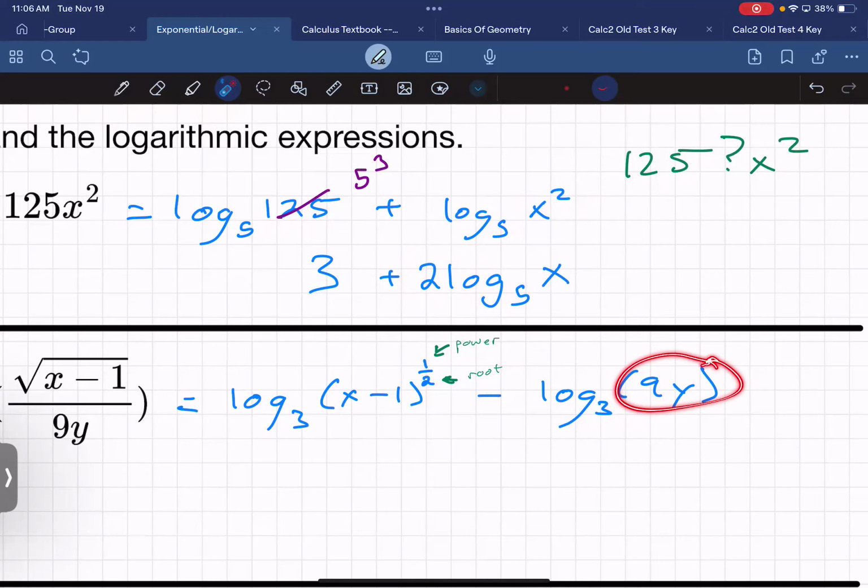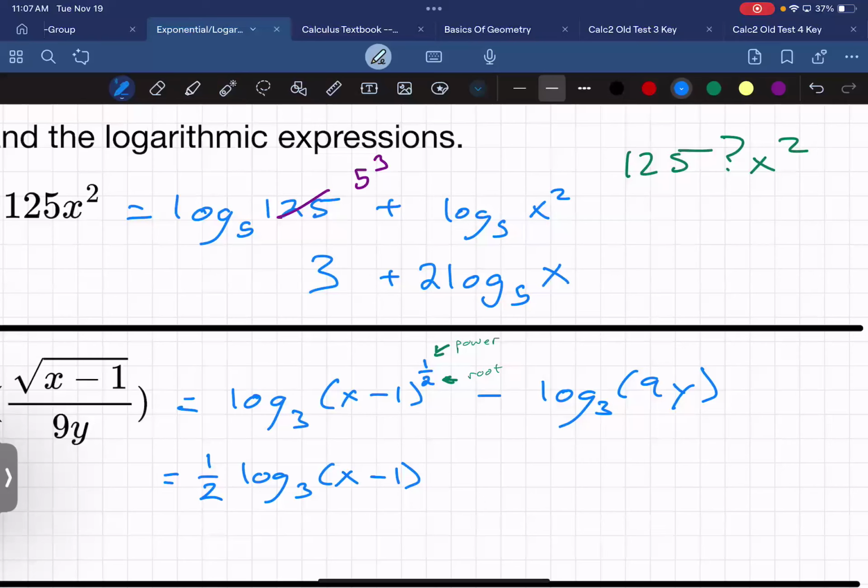Now what do we have to be careful with this one though? It's 9 times y, right? I'm not done separating that then. I could still break up that multiplication. So as we deal with this, the first one we can bring out the 1/2. Now make sure you keep your parentheses on the x minus 1, okay? But over here, what we need to do is make this log base 3 of 9 plus log base 3 of y.